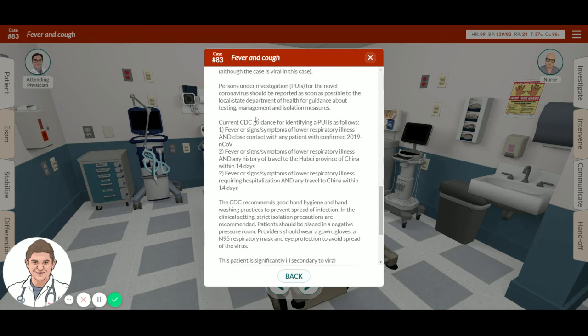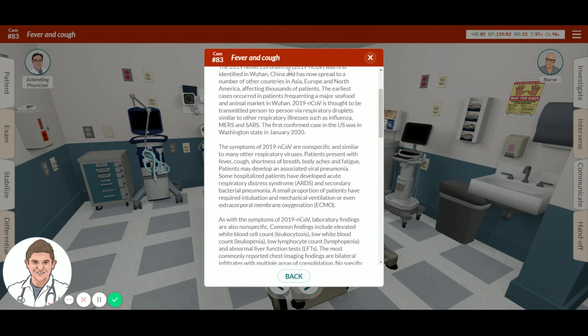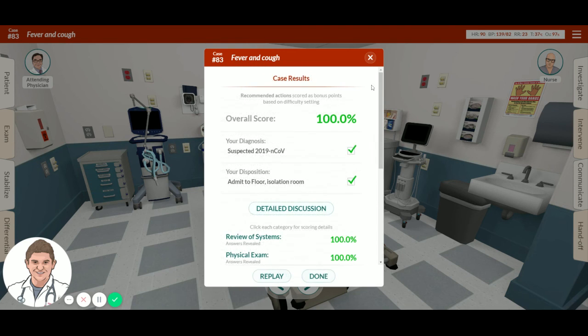So right now, CDC is giving guidance to identify a person under investigation with any fever or lower respiratory tract symptoms and close contact with a confirmed case, any travel history to the Wuhan region of China, and any ill patient requiring hospitalization who has traveled to any region of China. So I'll give you a chance to take a look through this on your own.